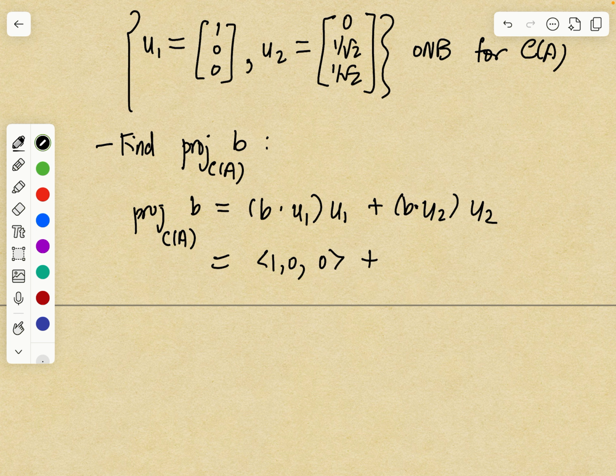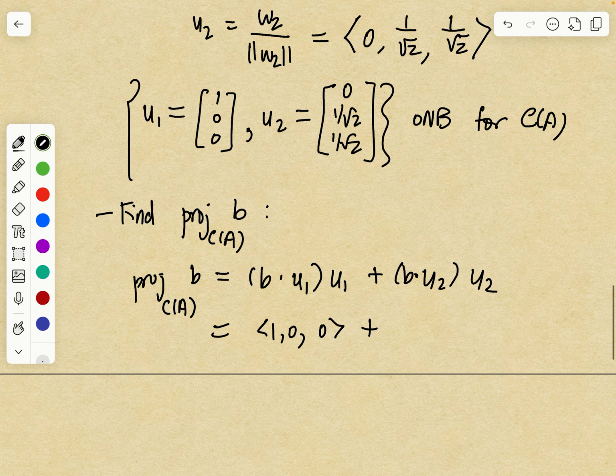And then plus B dot U2, so B was 1, 2, 3. So if you do 1, 2, 3 dot this vector, you're going to get 0 plus 2 over root 2 plus 3 over root 2. That's 5 over root 2.